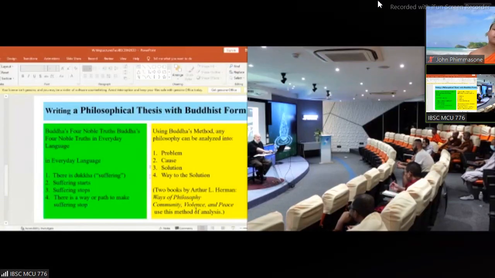So in Herman's way of thinking, the Buddha is a philosopher. He's a philosopher of the first rank, alongside the environmentalist Aldo Leopold, the civil rights worker Martin Luther King, who is himself a minister and fought a lot, and Gandhi.